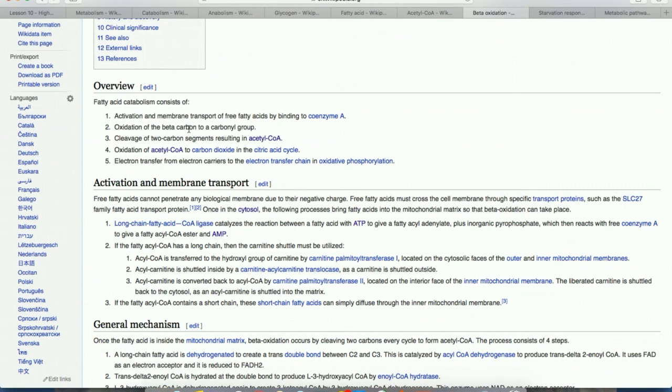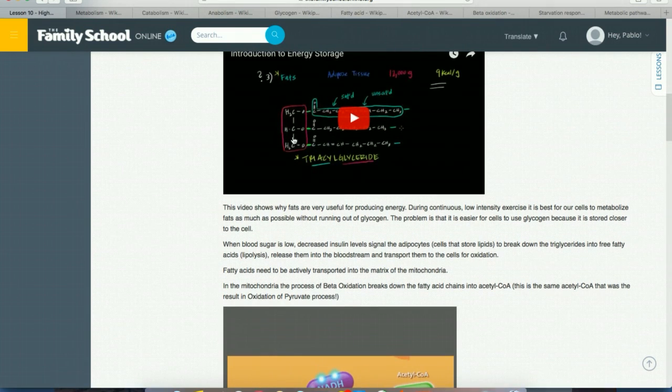Oxidation of the beta carbon to a carbonyl group. A carbonyl group, I believe, is a group of just two carbons. Cleavage of two-carbon segments resulting in acetyl-CoA. So yes, in the video, I remember that they explained that each one of the chains of carbon is broken into two carbons here.